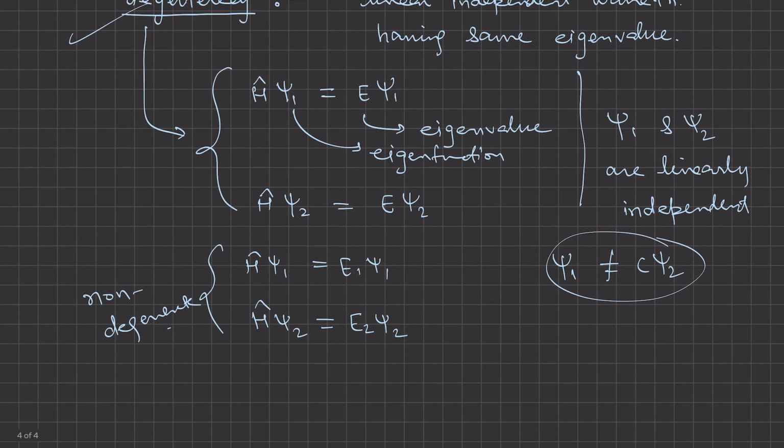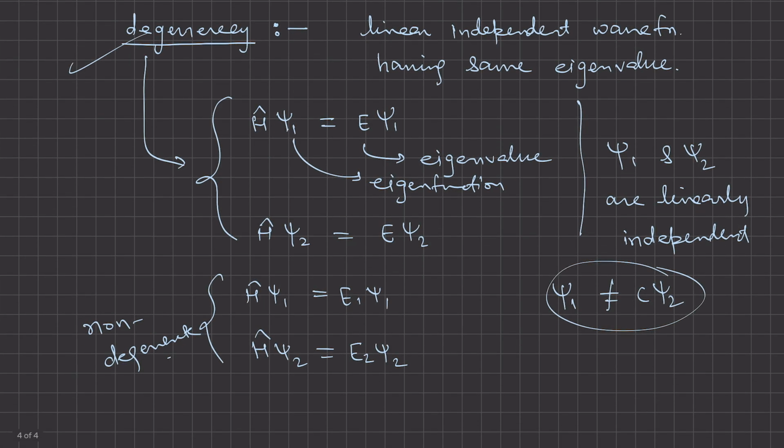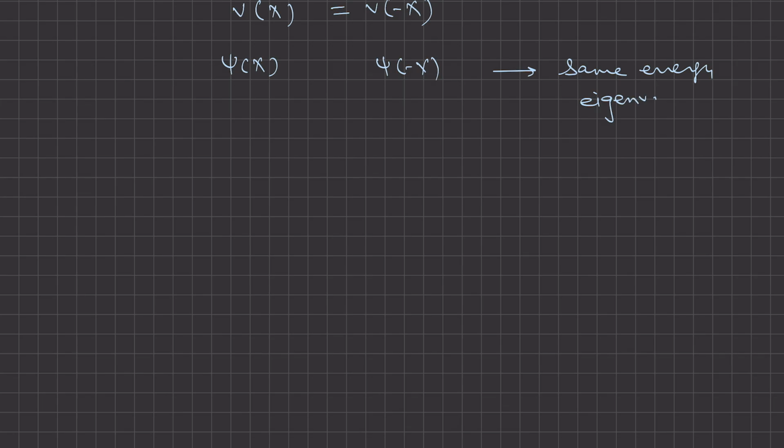Now let me tell you very clearly that for the system, when you have the potential where V of x is equal to V of minus x, then you can have two wave functions, psi of x and psi of minus x. And they both correspond to the same energy eigenvalue.